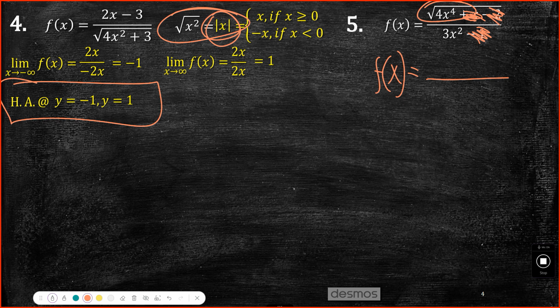When we do that, let me see. Square root of 4 is 2. What is the square root of x to the fourth? Anybody? Brian is falling asleep. What's the square root of x to the fourth?